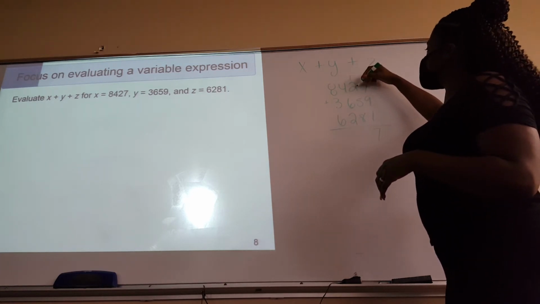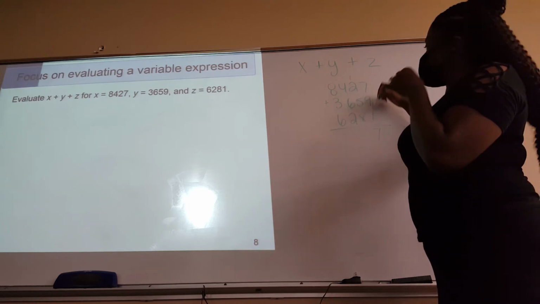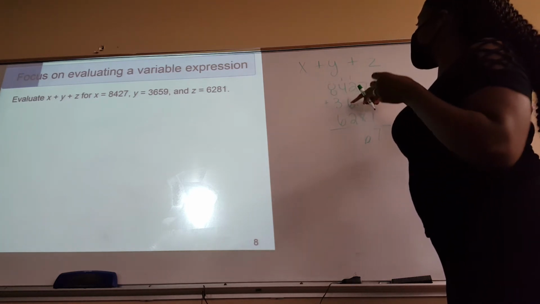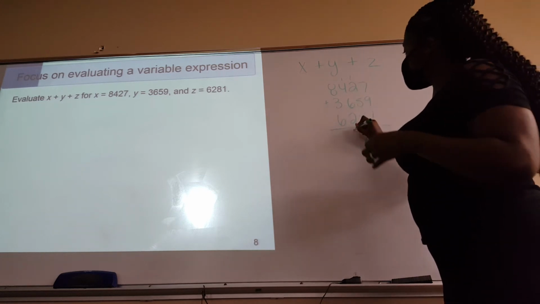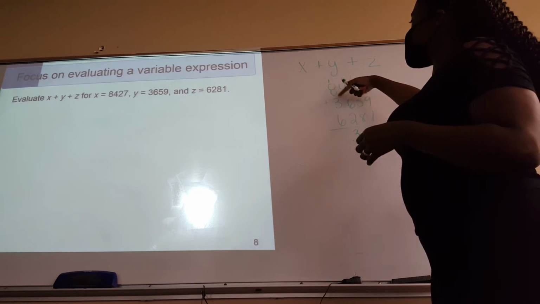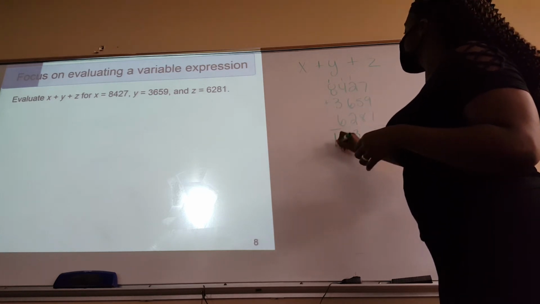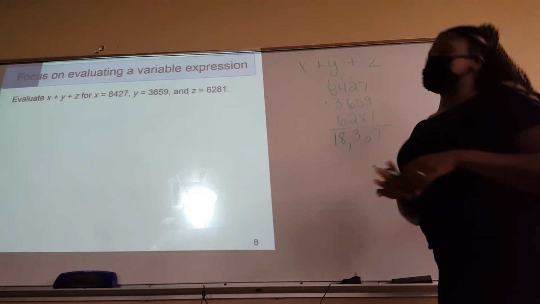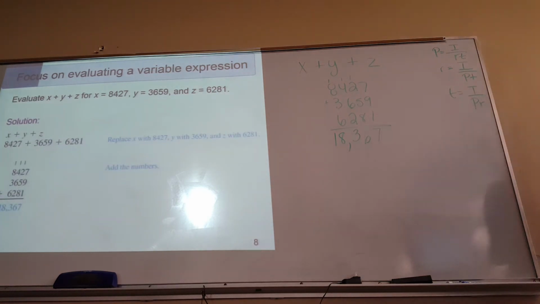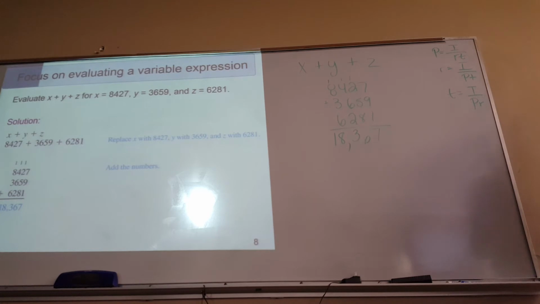I have 3 plus 5, which is 8, plus 8, which is 16. Carry a 1. I have 5 plus 6, which is 11, plus 2, which is 13. Carry a 1. So I have 9 plus 3 is 12, plus 6 is 18. $18,367.